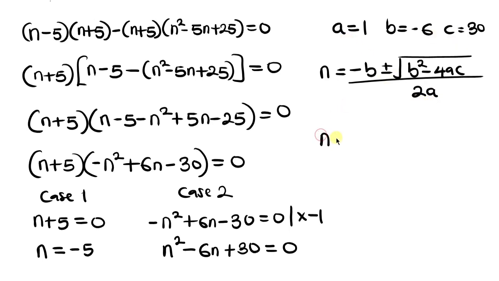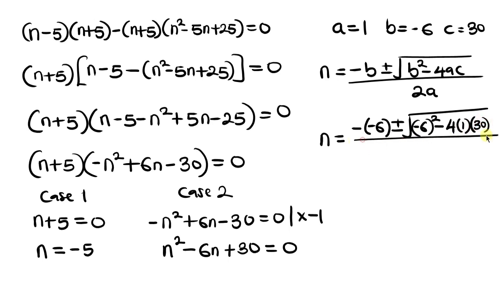So n equals negative b, which is negative 6, so let's put negative 6 there, plus or minus the square root of b squared, that's negative 6 squared, minus 4 times a, which is 1, and then times c, which is 30. Very good. All over 2a, that's 2 times a, which is 1.